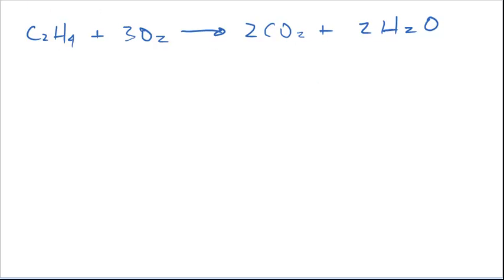And in the problem, it says that we're given 2.70 moles of ethylene and 6.30 moles of oxygen. And the questions are the same that we posed earlier with the bacon burgers.